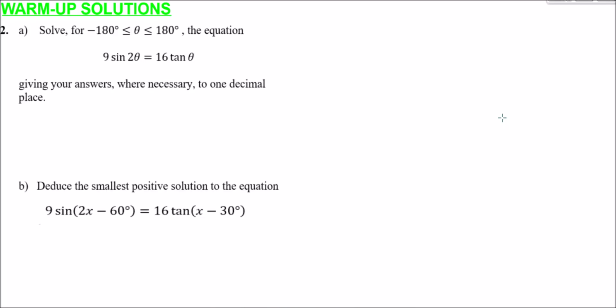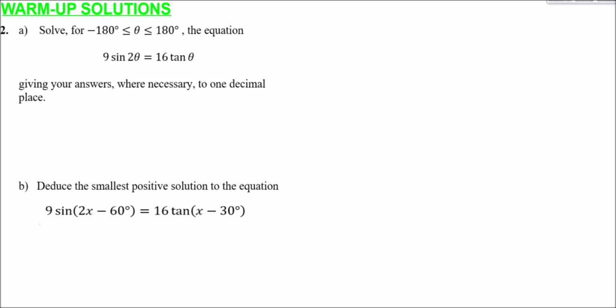Question 2, we need to solve theta for the interval from minus 180 degrees up to positive 180, the equation 9 sine 2 theta equals 16 tan theta, giving answers where necessary to 1 decimal place. So first off, we need to spot here that we're not talking in terms of the same stuff. We've got a 2 theta here and a theta there.